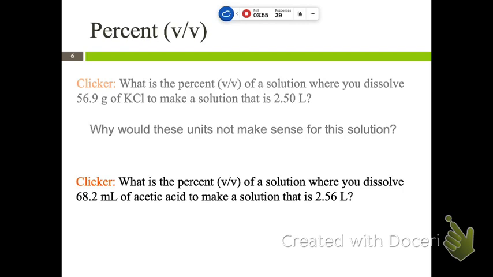So can I get a new volunteer to give us the process for how we figure out this percentage? Dylan. Nice and loud so everyone in the back can hear you. Okay. Well, I wrote down what I was given. 68.2 milliliters of acetic acid over 1. And then what do you do with that?